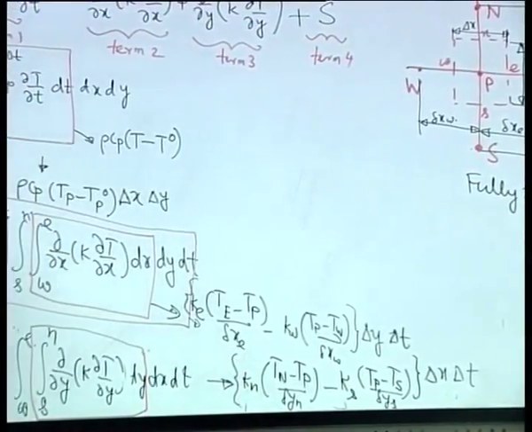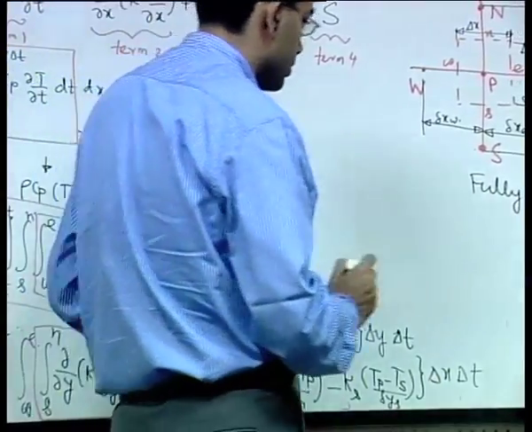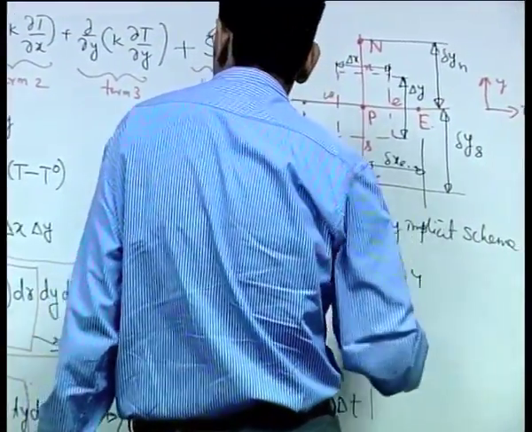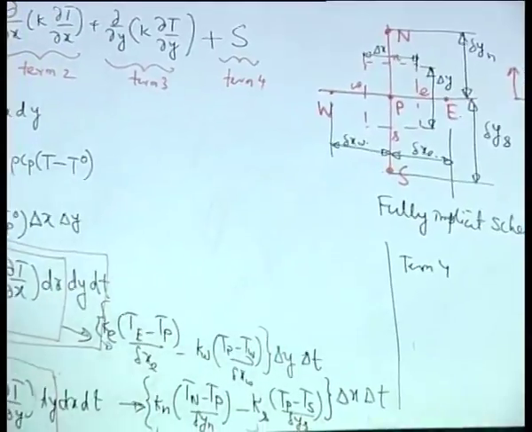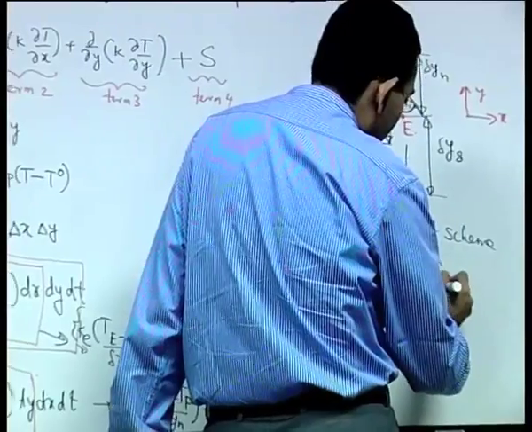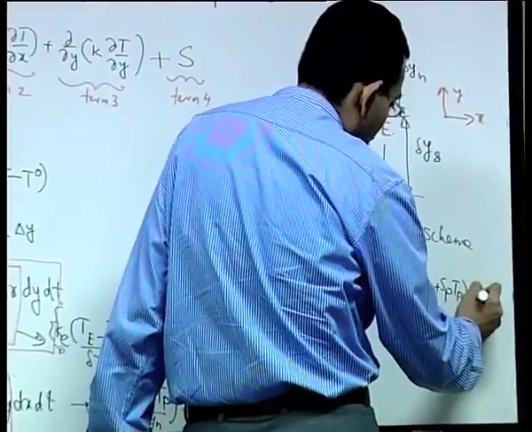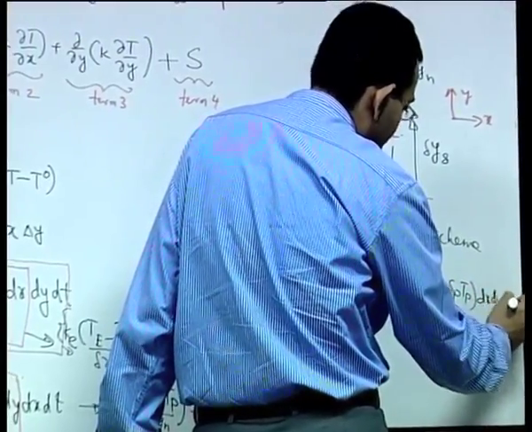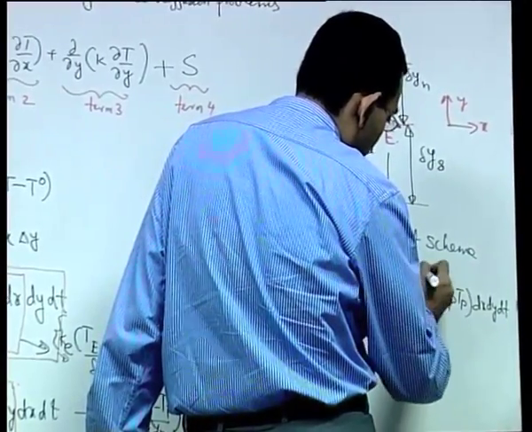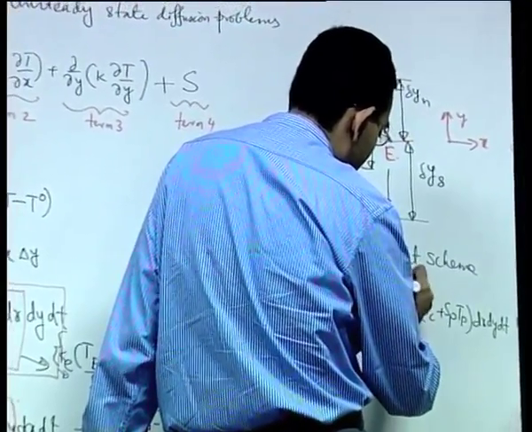Okay. And for the term 4, you can consider s as Sc plus Sp Tp. Term 4 is the integral of s, which is Sc plus Sp Tp, into dx dy dt, x from small w to small e, y from small s to small n, t from t to t plus delta t.